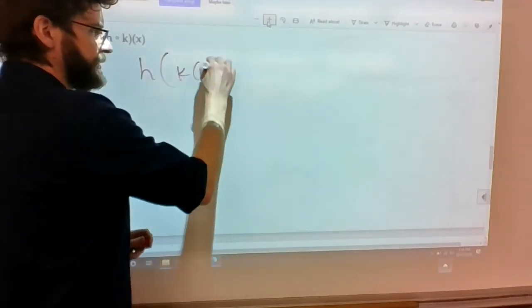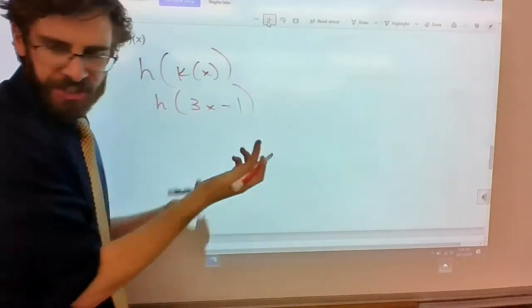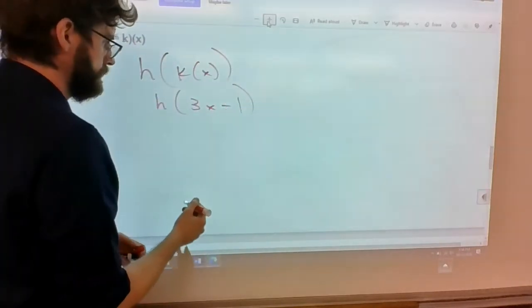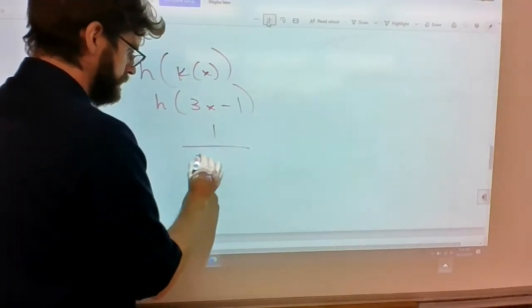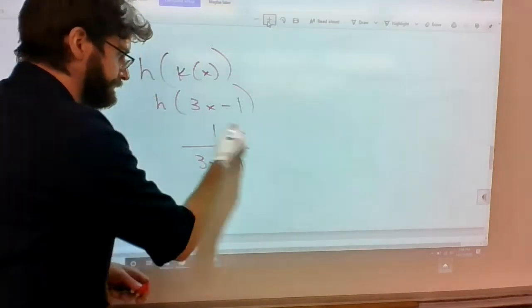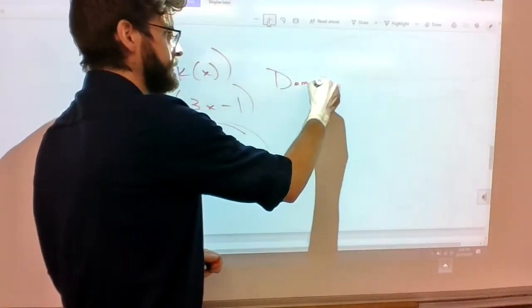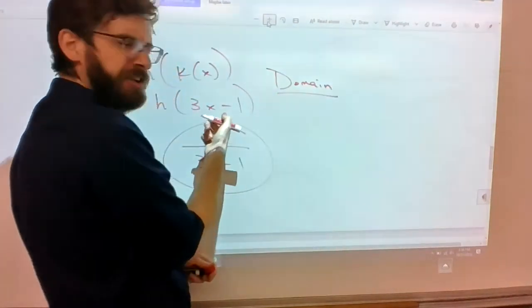H of k. Oh, these aren't too bad. H of k of x. Our k is 3x minus 1. Our h is just 1 over x. Domain. The input looks pretty clean to me.